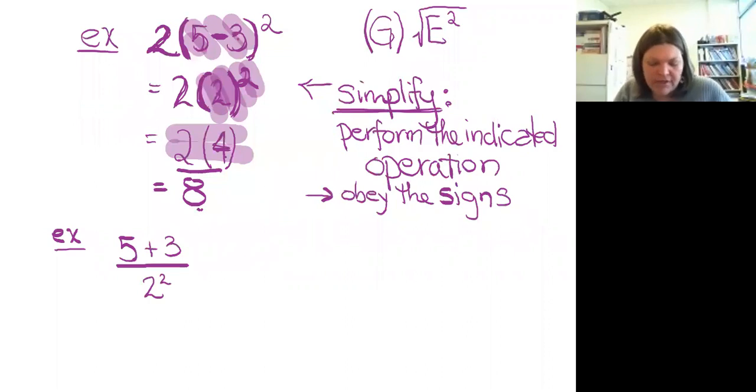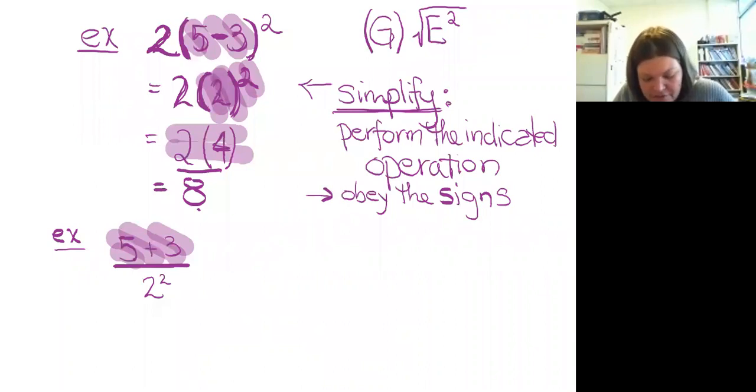I would read it like this: the sum of 5 plus 3. When I say the sum of 5 plus 3, I'm talking about this entire portion of the problem right here. I want to take all of that and divide. Did you know that a fraction bar means the same as divide? So it's the sum of 5 plus 3 divided by 2 squared. And that's what I see right here.